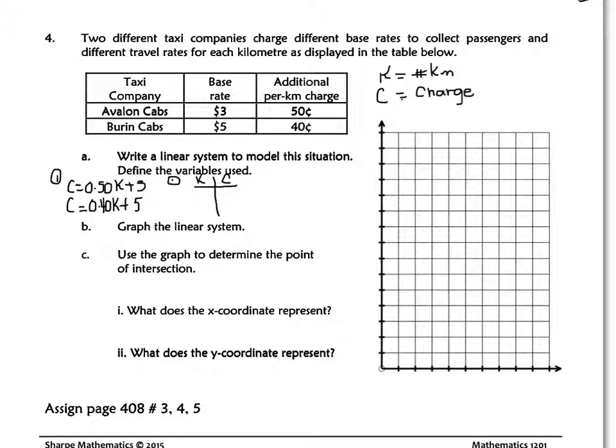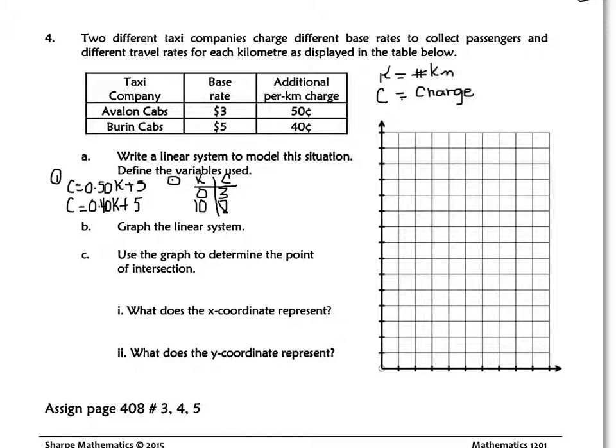So if we start off with a charge of 0, your base charge, you'd get $3. And because the kilometre charge is 50 cents a kilometre, let's use numbers that are basically even numbers, so that we can avoid using fractions and decimals. So if we have, for example, 10 kilometres, we would have a charge of $5 plus an extra $3 would be $8.